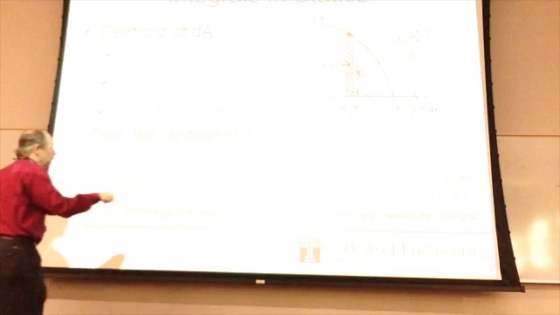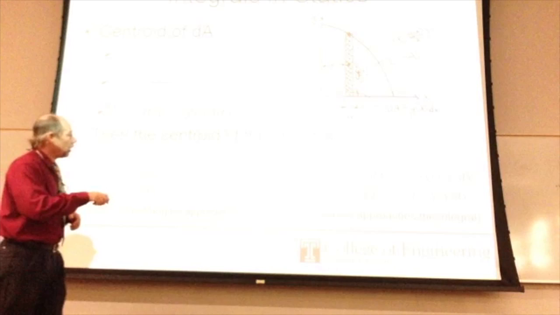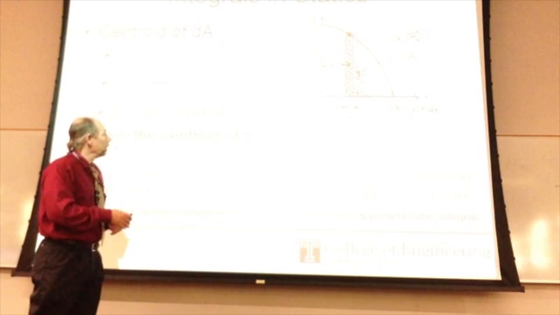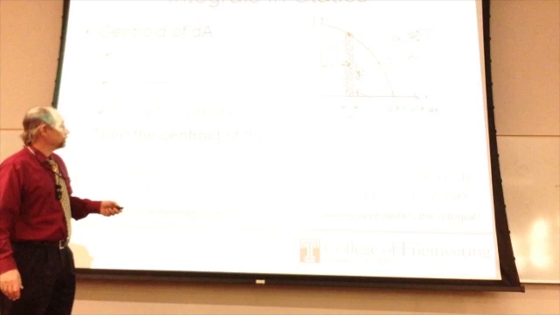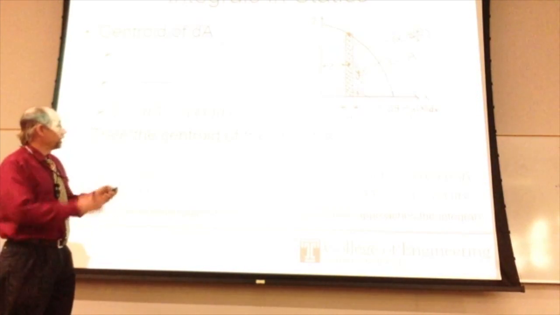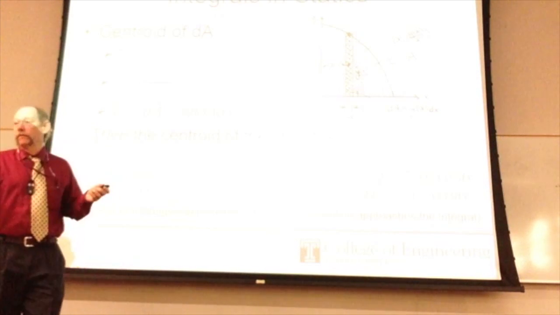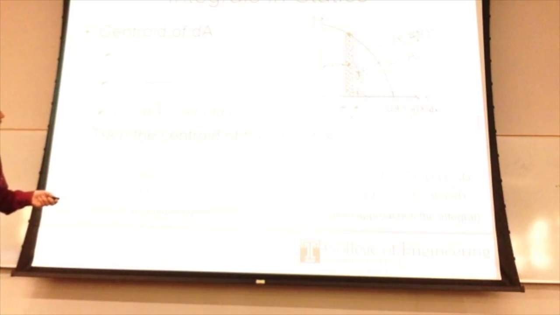So this is x bar. It's a similar process over here for y bar. Y bar is the sum of the yi bar ai. You take the rectangles and increase them to infinity, and that approaches the integral. And yi bar is y(x) over 2. It's the middle of that differential area.